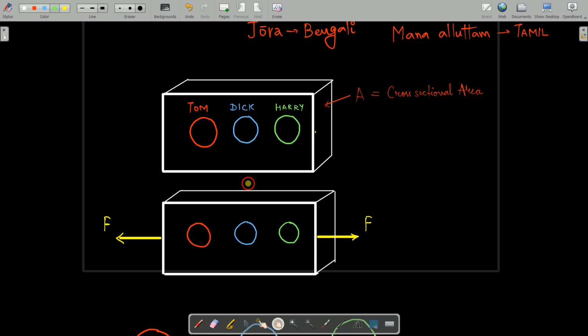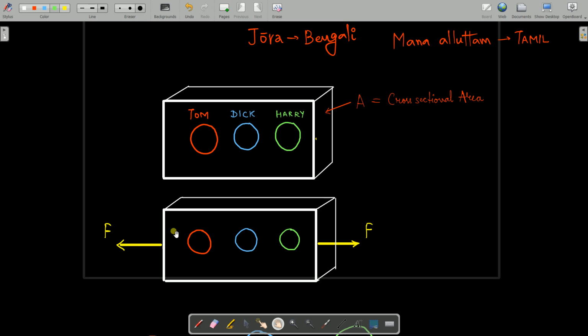For your analysis, I have taken only a single type of force, which is a tensile force. Other types of forces may be compressive, bending, shear; all those things will be dealt with in the next lecture. But for the time being, just focus out here. Let us consider we have a body whose cross-sectional area is A, and I have taken a uniform body in order to simplify our analysis.